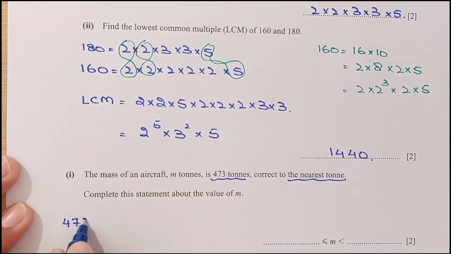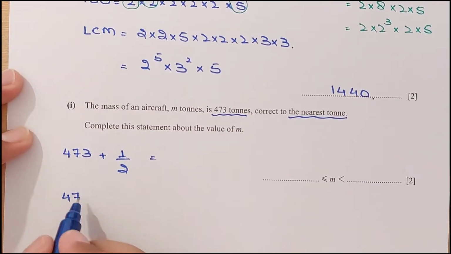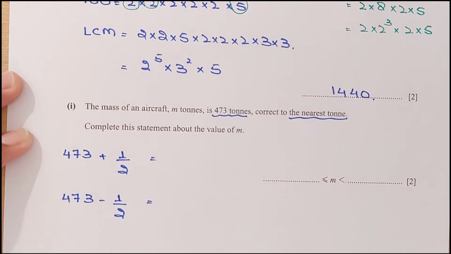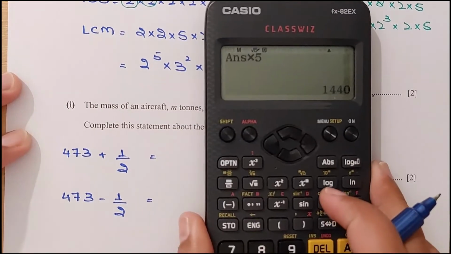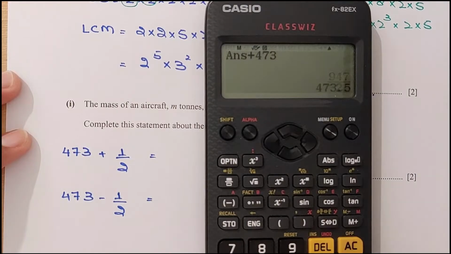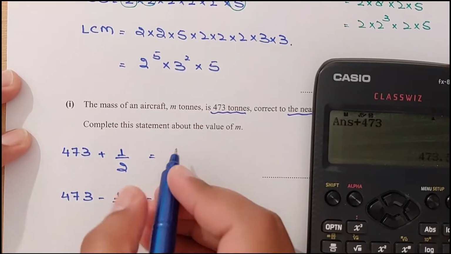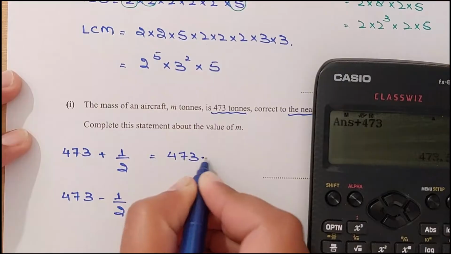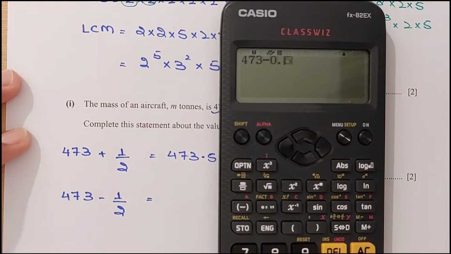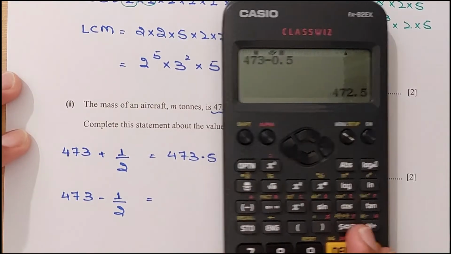To 473 tons we add 1 by 2, and from 473 we subtract 1 by 2, to get the maximum and the minimum. 1 divided by 2 is 0.5. So 473.5 is the maximum value, and 473 minus 0.5 is 472.5.